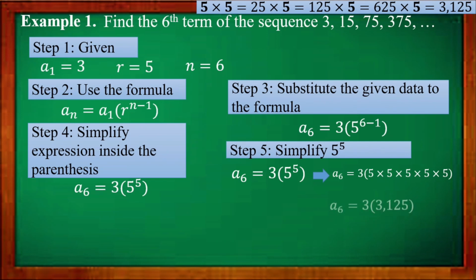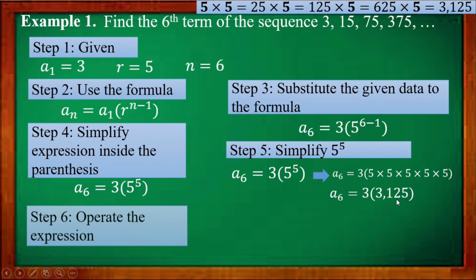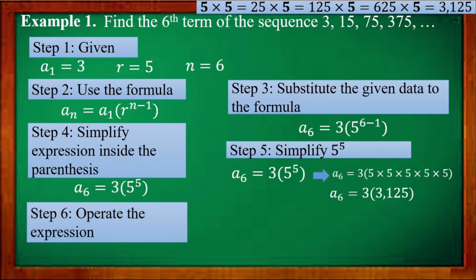That is why we'll have a sub 6 equals 3 times 3,125. And just like that, we are now going to operate the expression 3 times 3,125, and that will give us the answer 9,375.